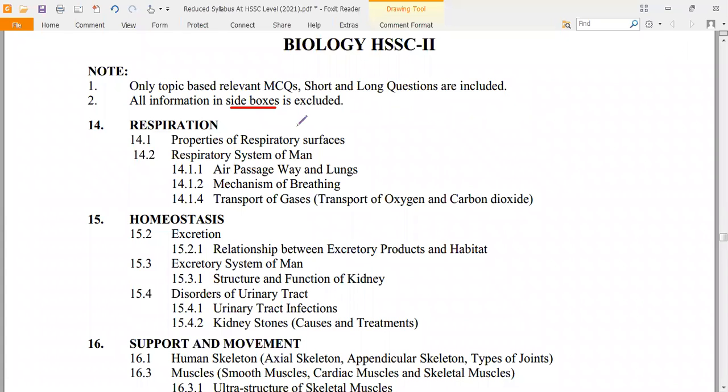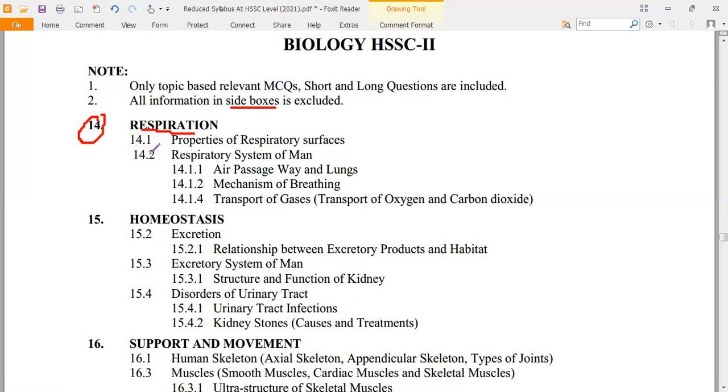Okay, so your book starts from chapter number 14, that is respiration. In most of the chapters, the disorders are skipped, especially in first year. But in second year, only in homeostasis and reproduction are the disorders included; except for these, all are excluded.